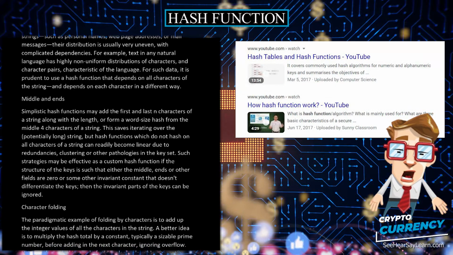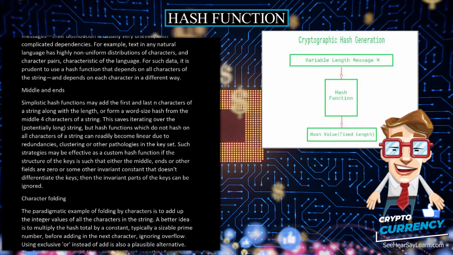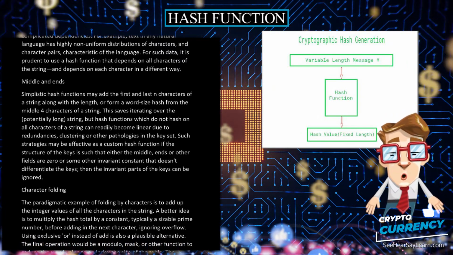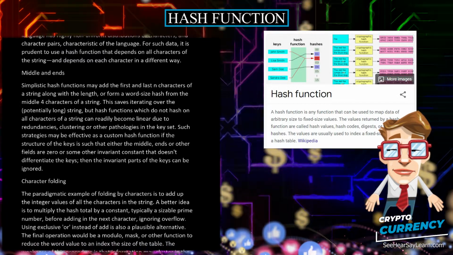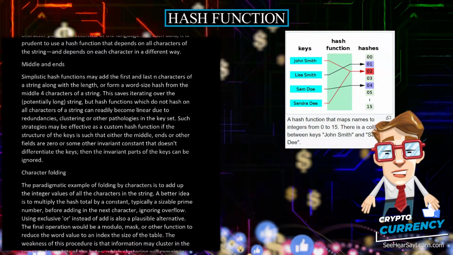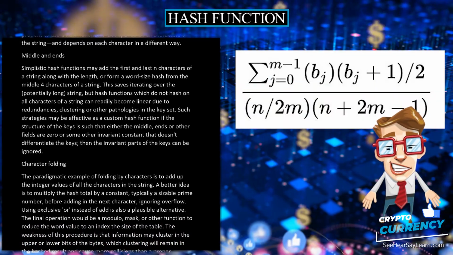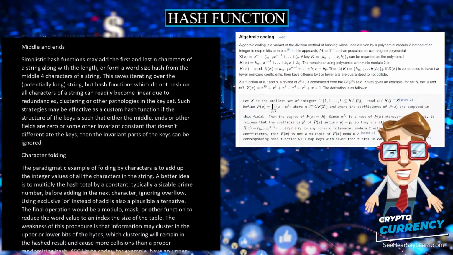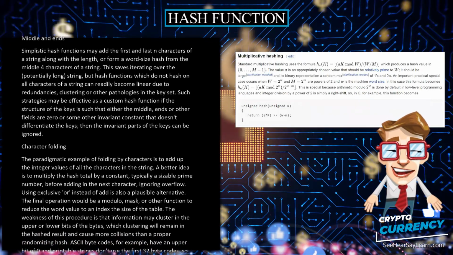Character folding. The paradigmatic example of folding by characters is to add up the integer values of all the characters in the string. A better idea is to multiply the hash total by a constant, typically a sizable prime number, before adding in the next character, ignoring overflow. Using exclusive or instead of add is also a plausible alternative. The final operation would be a modulo, mask, or other function to reduce the word value to an index the size of the table.